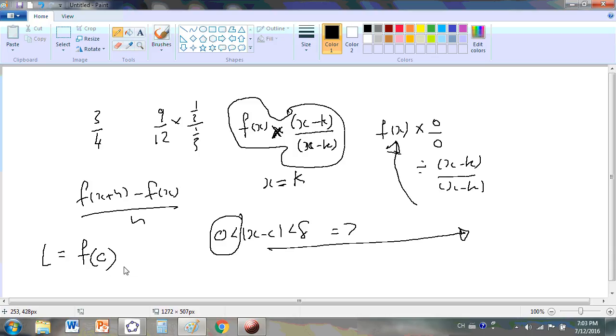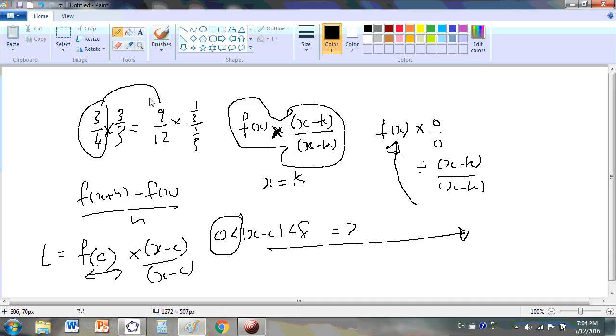And if a limit exists, then it is continuous at f of c, and you cannot go ahead and say, oh, x minus c over x minus c multiplied by this function changes it into a different function. It doesn't change it into a different function any more than multiplying 3/4 by 3/3 would change it into a different fraction. 3/4 is equal to 9/12.